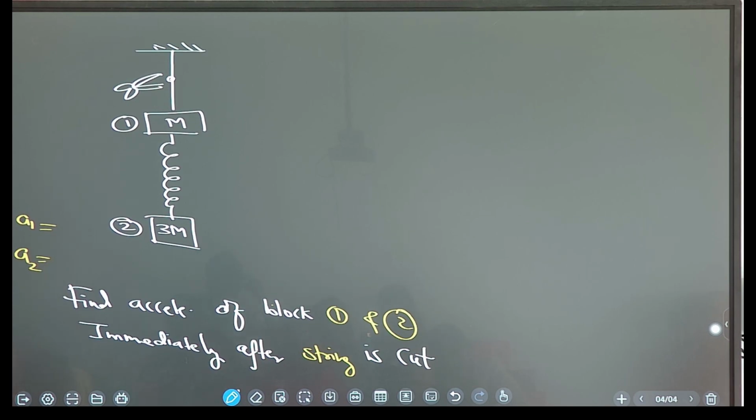Okay, up or down. g by 2 up, g by 2 down, 3g by 2 up, 3g by 2 down, g up, g down, like that, up, down. Okay, how much acceleration with direction? Okay, try.